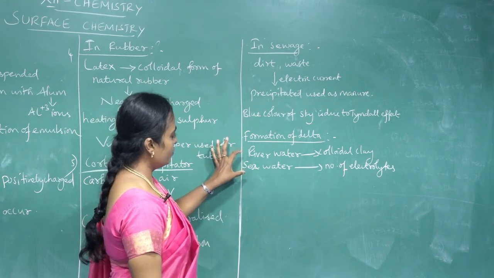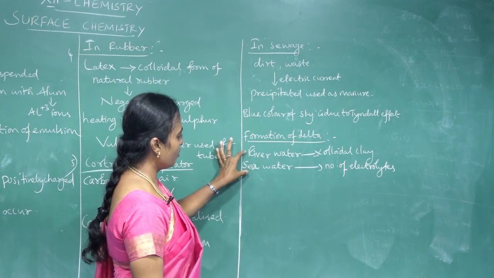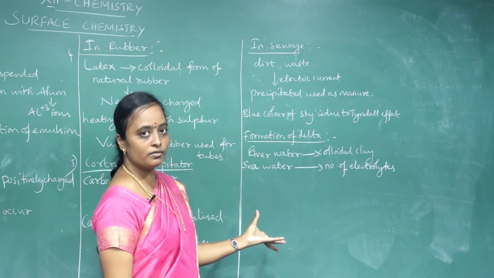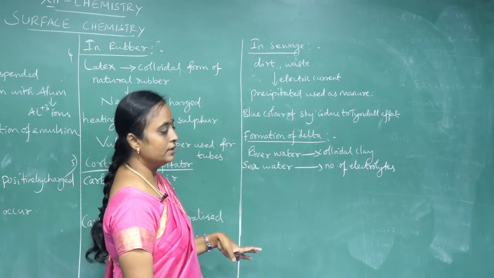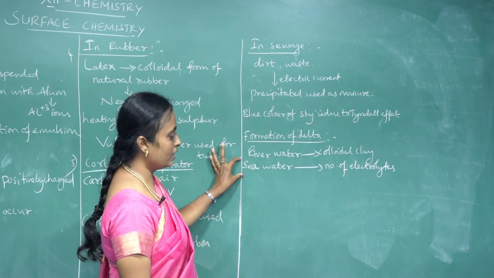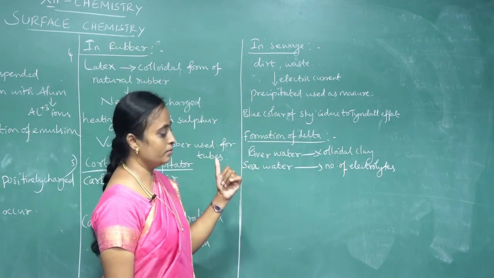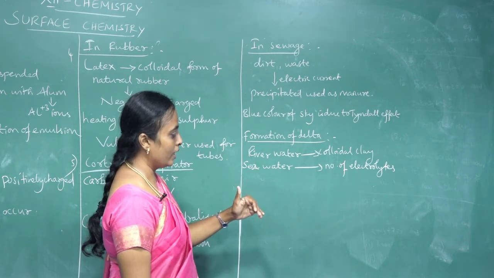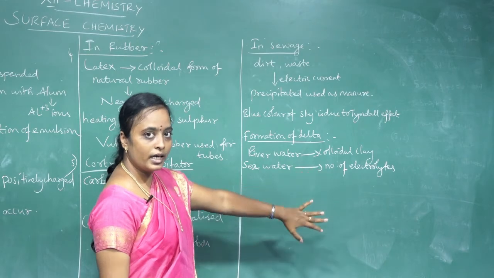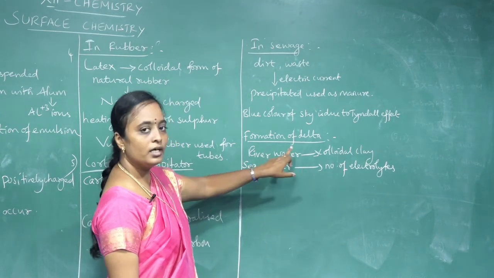So whenever river water meets sea water, coagulation will be possible. How do you get the coagulation? The sea water contains a number of electrolytes, and those electrolytes will coagulate the colloidal clay which is present in the river water.